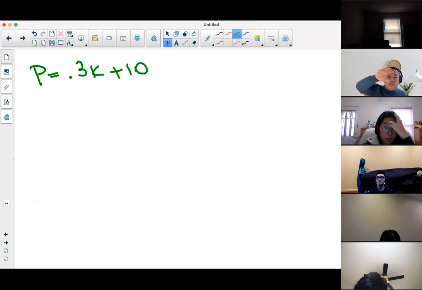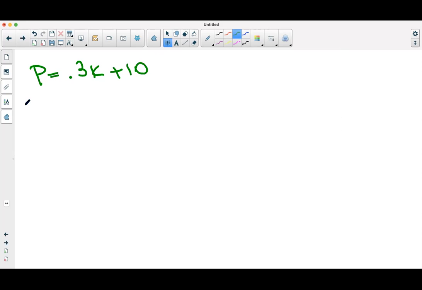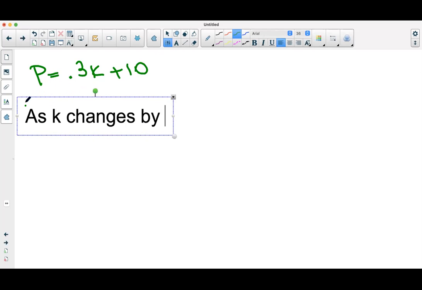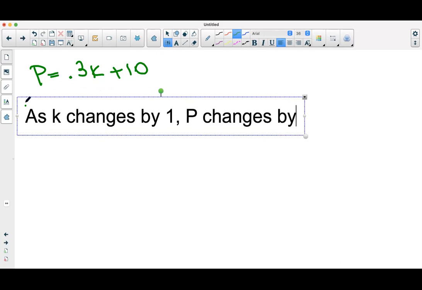So I'm going to give you first conditions, and I need you to tell me what's happening with the second condition. So, for example, my first question is this. As K changes by 1, P changes by blank. I need you to tell me what that is equal to.